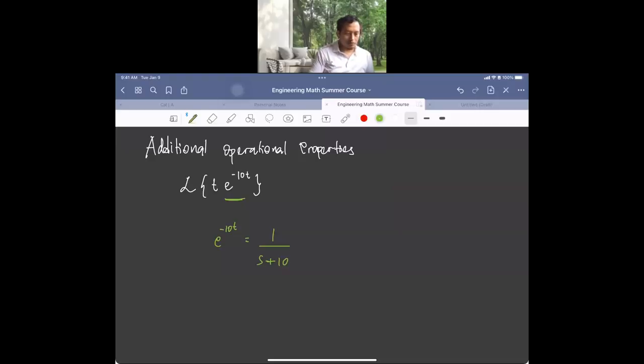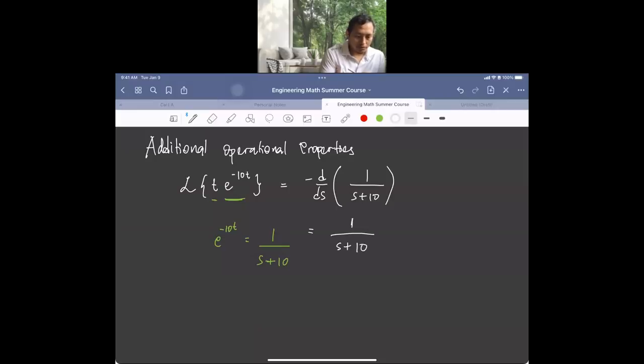But then what happened here is we have another t. In our previous sessions, we learned that if we have this, we can solve by taking the derivative d/ds. So we know that this can be solved through minus d/ds of 1 over s plus 10. So we can get that this will be 1 over s plus 10 squared.